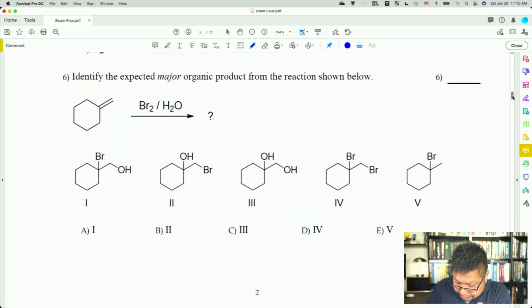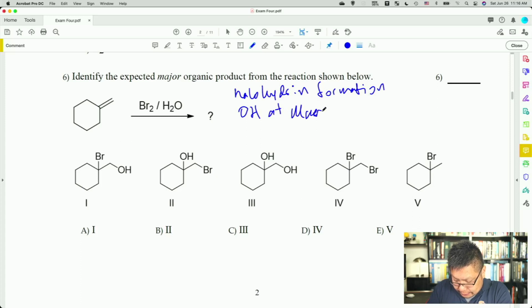Identify the expected major organic product from the reaction below, right? So we have here an alkene with a bromine and a water. That's going to be the halohydrin formation. And so in the halohydrin formation, right, we do the OH addition, of course, again at the Markov site, right?